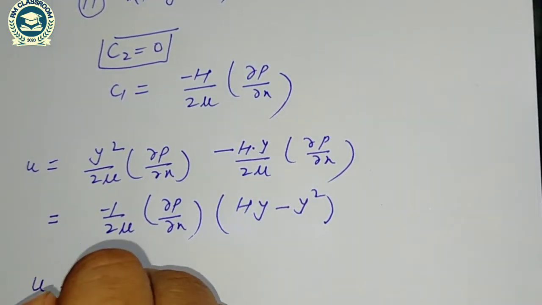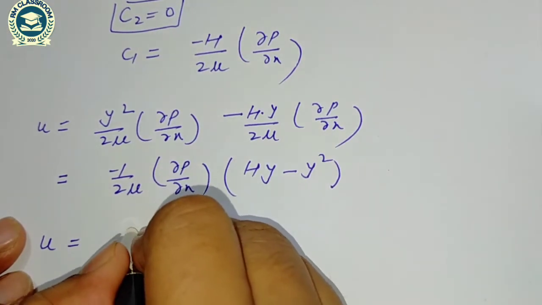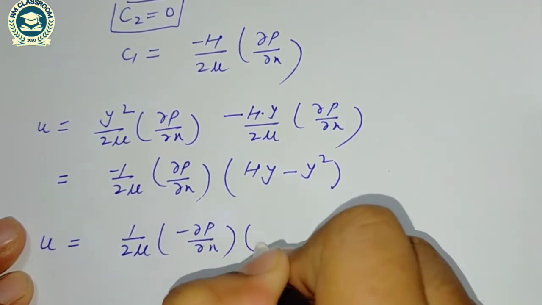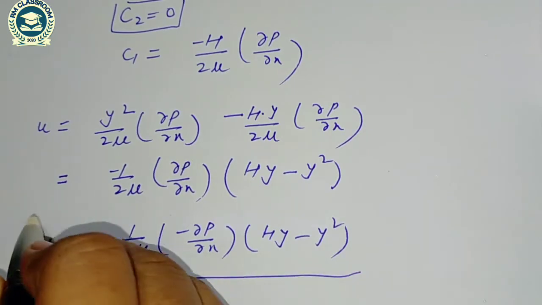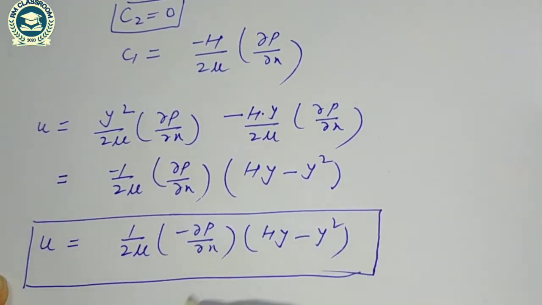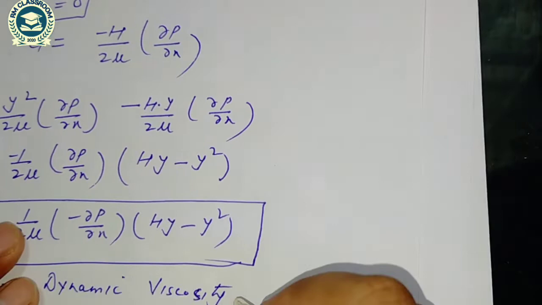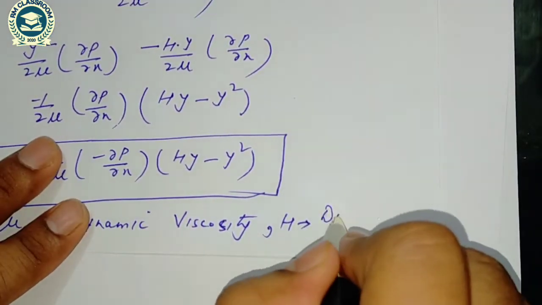So the general form of velocity between two fixed parallel plates is 1 by 2 mu minus del p by del x into hy minus y square. This is the equation of velocity, where mu is the dynamic viscosity and h is the distance between the parallel plates.